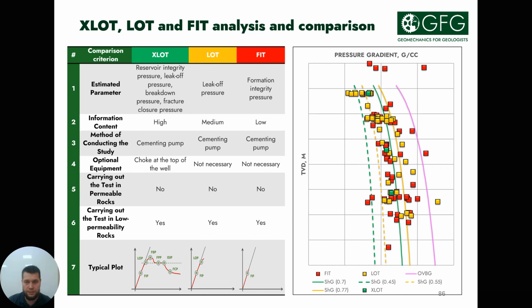On this slide you can see the comparison table between XLOT, LOT and formation integrity test. As you can see here, the most informative method is XLOT because it gives information about fracture closure pressure.